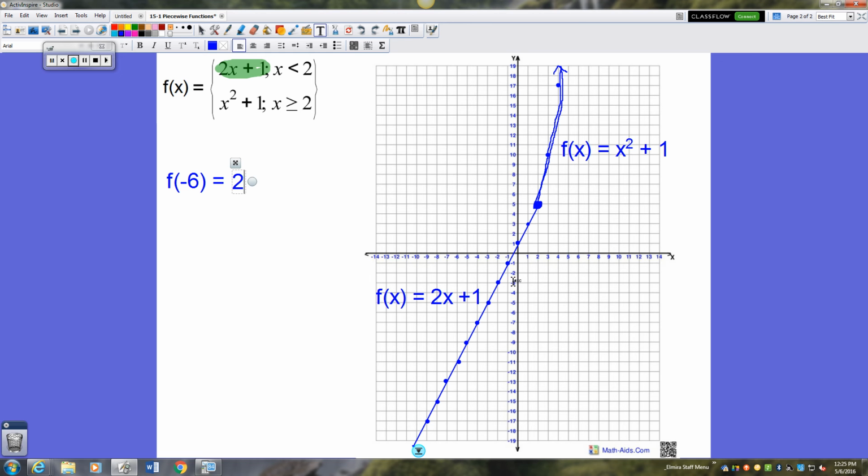So 2 times negative 6 plus 1 would equal negative 12 plus 1, which is negative 11.